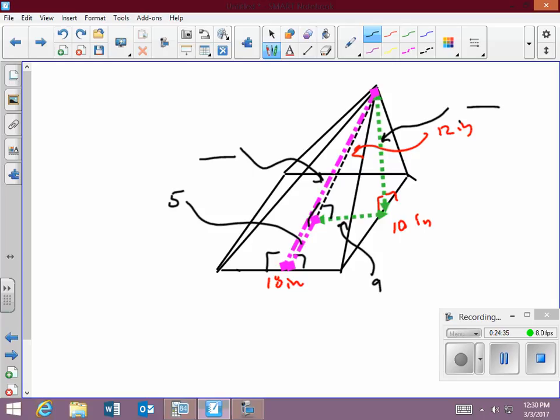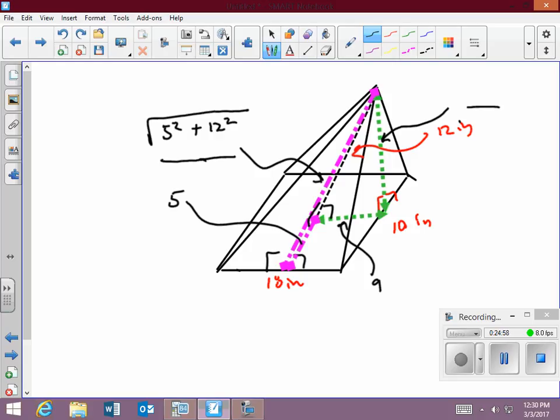And that purple line is going to be the square root of 5 squared plus 12 squared. That's what this one is.